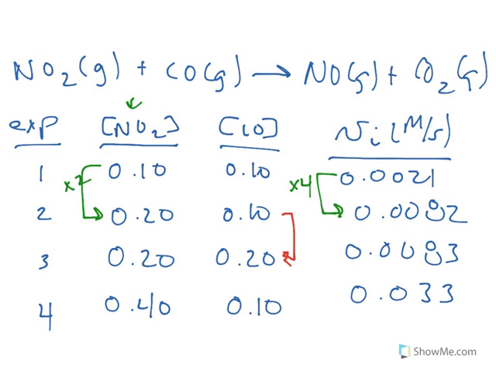Okay, because it changes from 2 to 3, but the NO2 concentration stays the same. So that's nice. Okay, so here it goes up by a factor of 2. And here, from 0.0082 to 0.0083, I would say that doesn't change. That's almost identical. So when it doesn't change, that's a factor of 1. All right. So my question is, does the concentration of CO affect the rate of reaction?